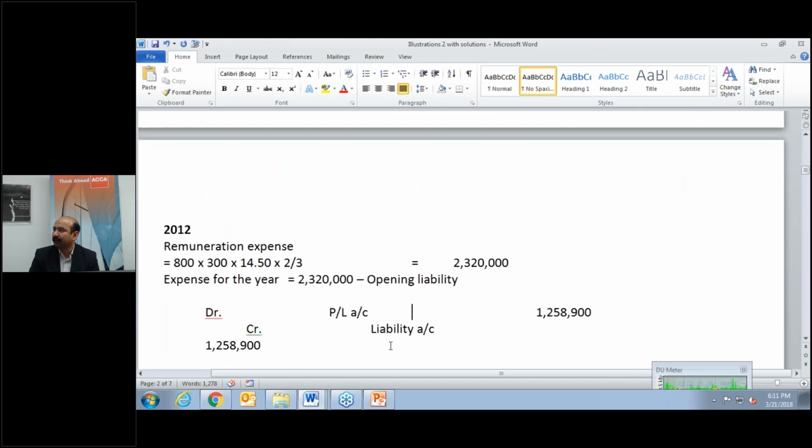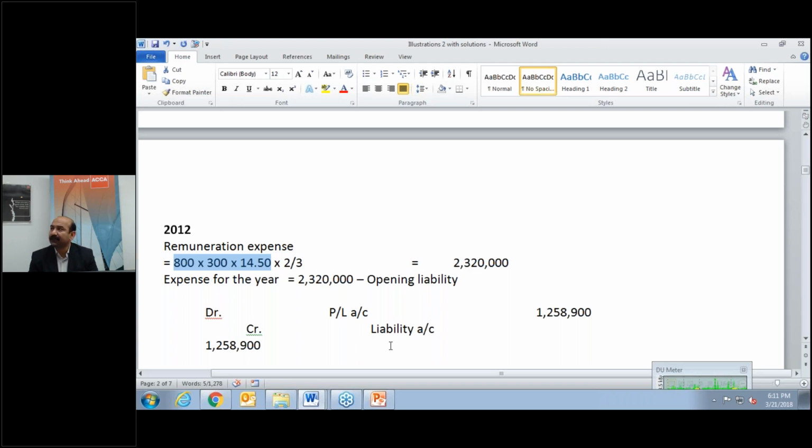So here in 2012, this is the total. I explained all these elements separately because this is the end of the second year. So till this date, we shall be multiplying by 2/3 to calculate the total remuneration expense after the end of the second year.